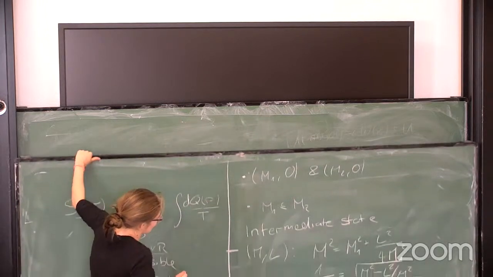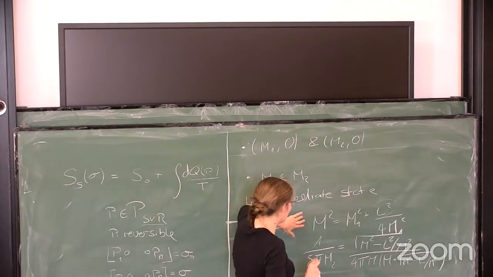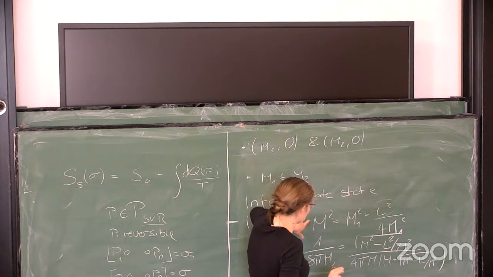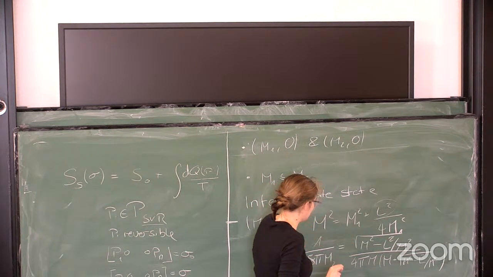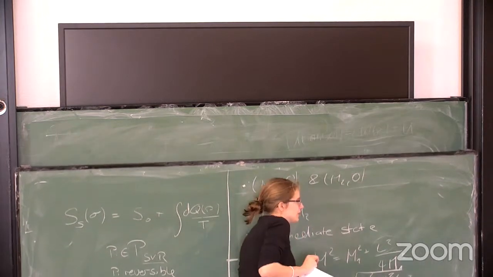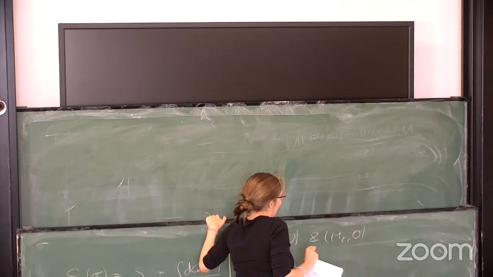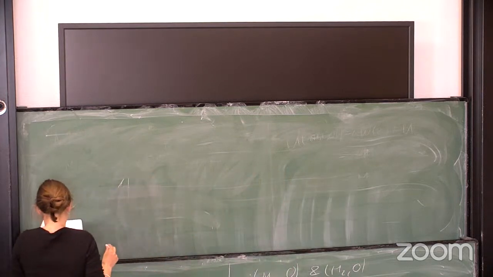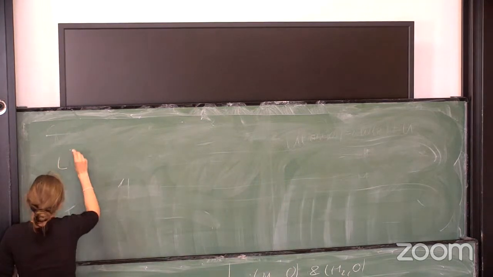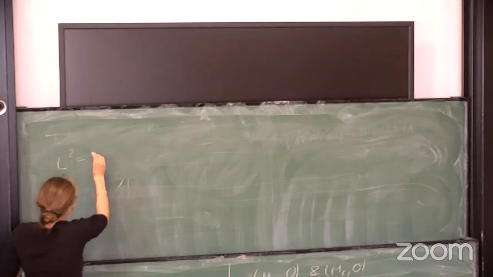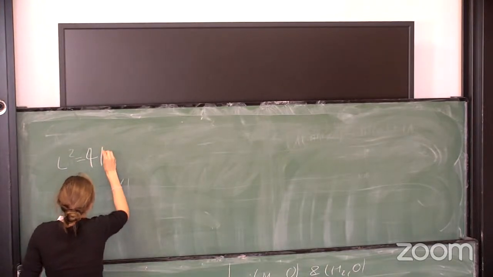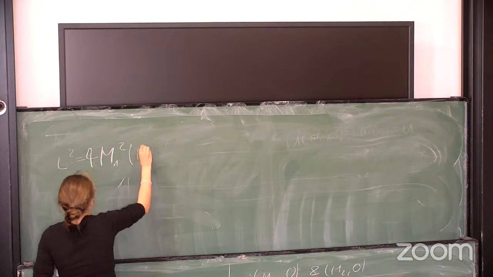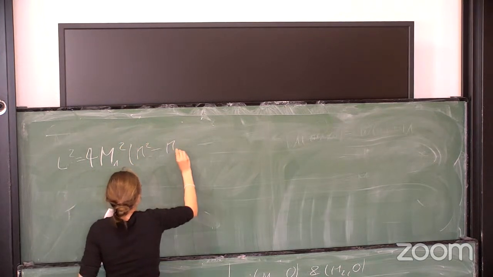We use this equation, we solve it for L, or L squared, and plug the result from this equation into it. So we find that then L squared is just 4 M1 squared times M squared minus M1 squared.